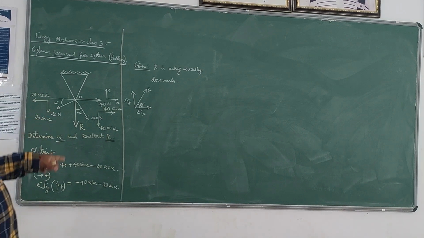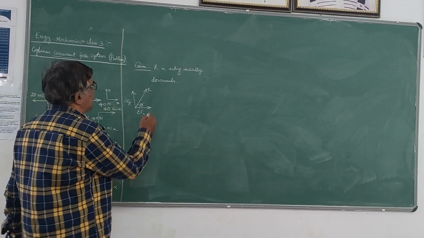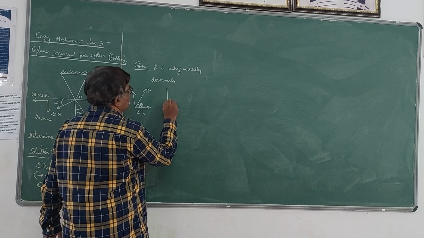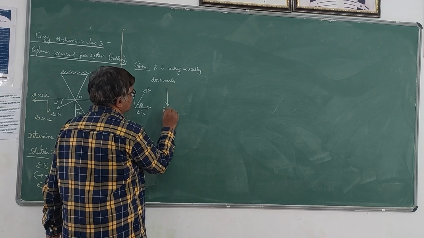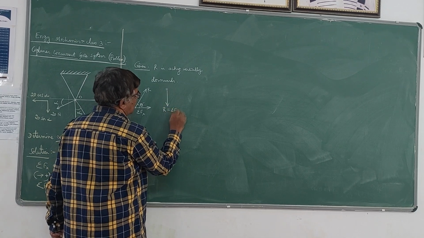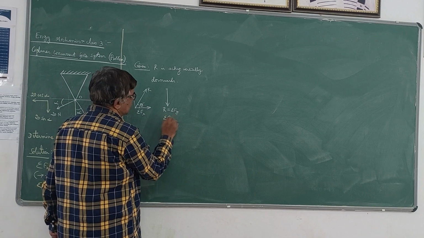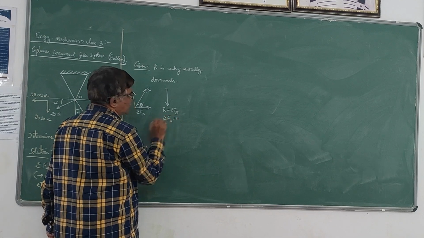Now in this case, since R is acting vertically downwards, R itself is equal to sigma Fy, and another condition is sigma Fx will be 0.